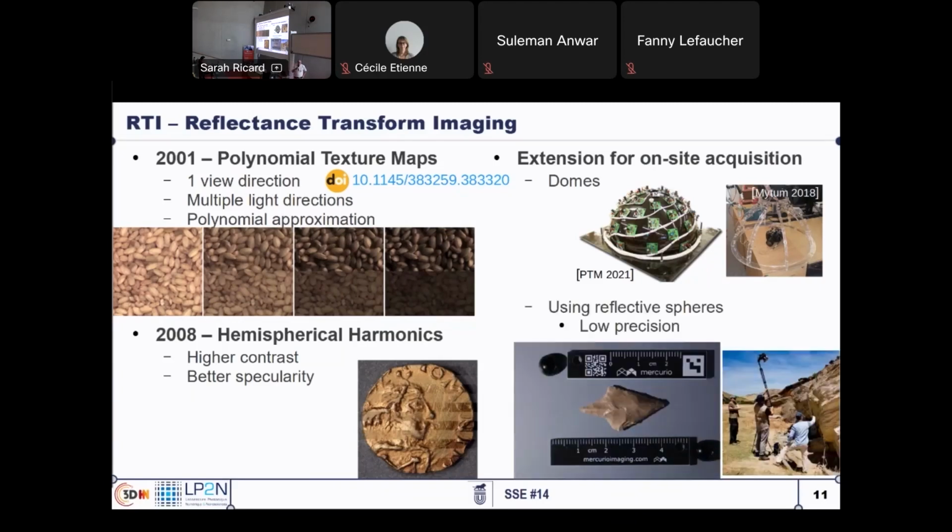But the mostly used technique was to use a reflective sphere in order to detect where the light is coming from, to calibrate the direction of the light, assuming that the light is coming from an infinite distance. It's directional light, not ultralight. And you can see on the right the conditions in which people had used such a technique. So the accuracy is pretty low in such a case.